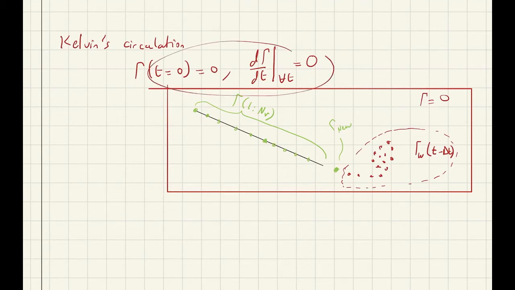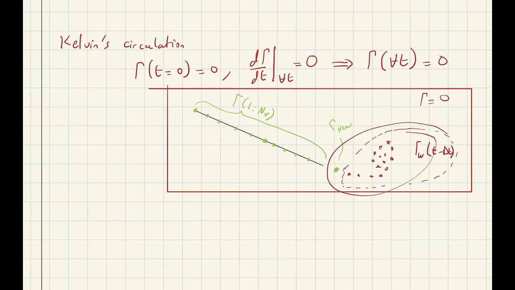Those two things imply that gamma for all time of the entire system will equal 0. So in this scenario, the shed vorticity and the bound vorticity should cancel out.